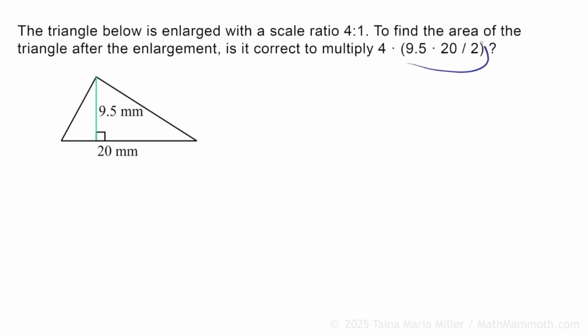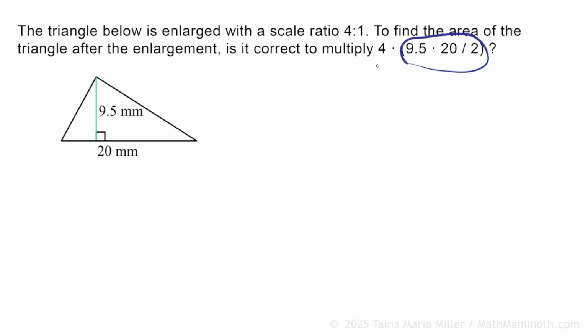Now notice this here is the altitude times the base divided by 2. So this here is the area of this triangle. And so it will be in square millimeters. If we take that times 4, is that going to give us the area of the enlarged triangle? The answer is no.